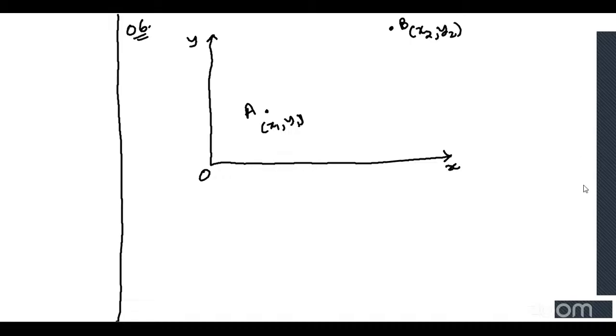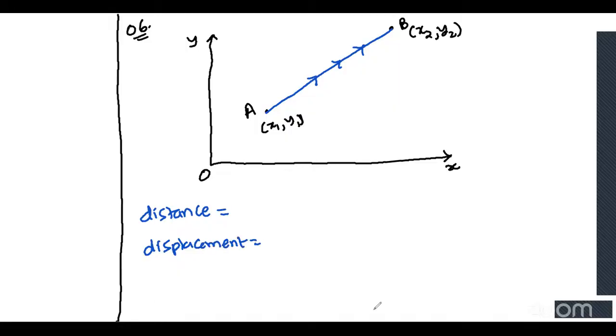Now let us consider the particle is moving from A to B like this. Then we need to find distance and displacement.